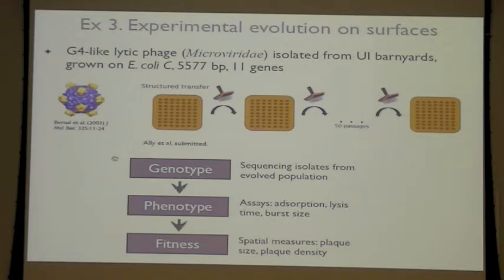And since ID11, the bacteriophage, has a pretty small genome, you can actually realistically do whole genome sequencing of the evolved phage.